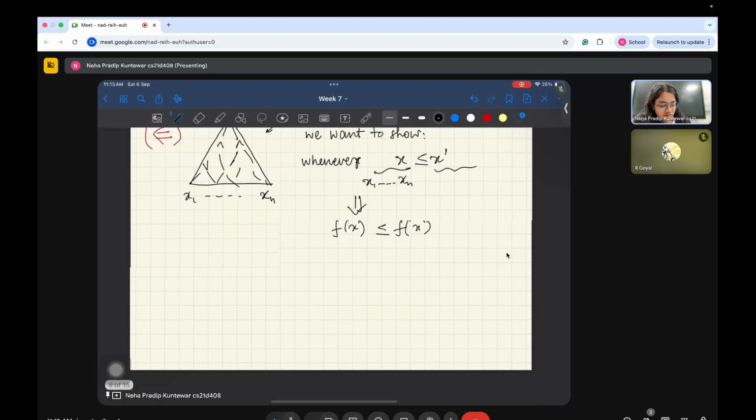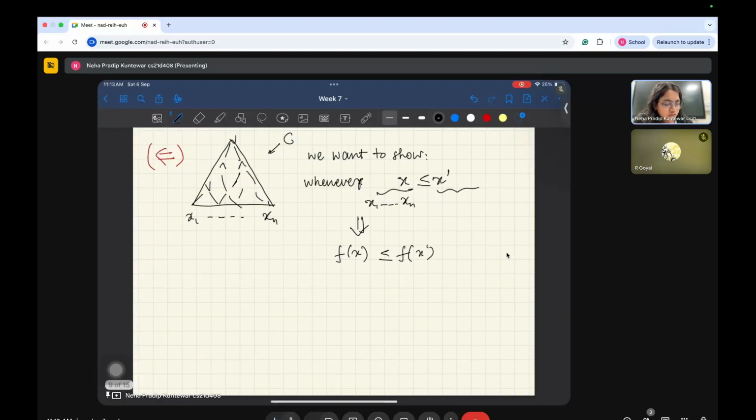So let's say x is some arbitrary input, x1 to xn, and when does x prime become greater than or equal to x?